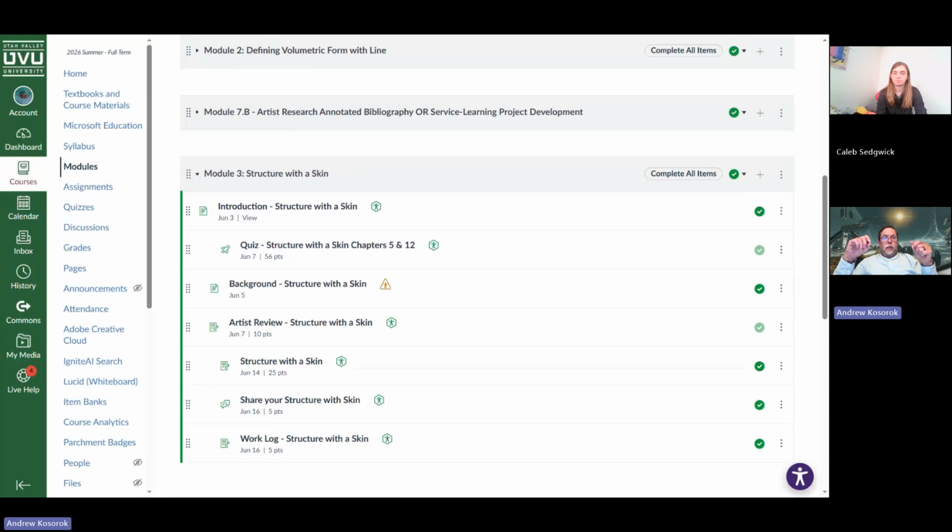What is actually the proper way to alphabetize is Andy Goldsworthy period always comes before Andy Goldsworthy plus something else. If you guys have any questions, talk to me or talk to somebody at the writing lab and they can help with that. The only reason I'm bringing it up is your AI will tell you something different.